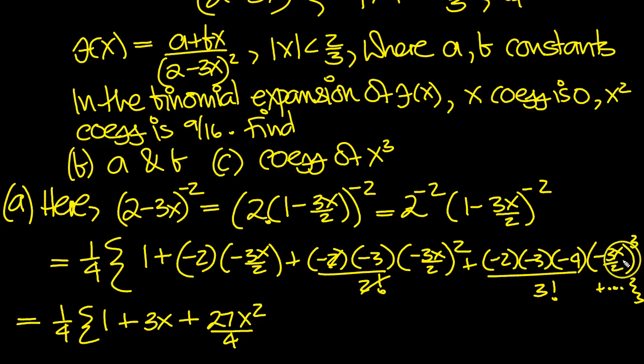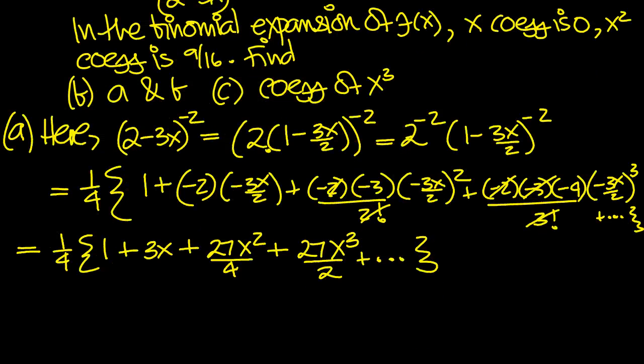Then the next one is 6 minuses, so there's still a plus. A 3 factorial will cancel here and here. There's a 3 cubed, so we can put 27 again, x cubed. There's a 2 cubed here, so that 4 will cancel with 2 of them, leaving just one of them. So that's what we've got then.